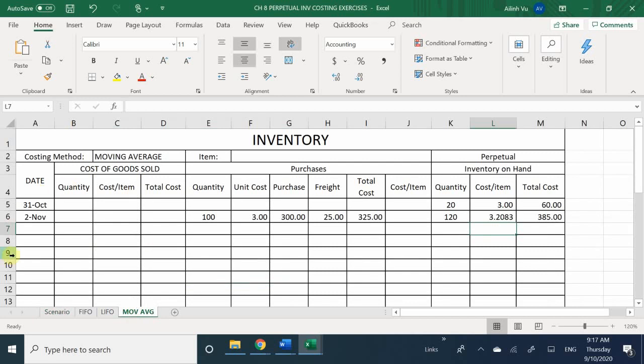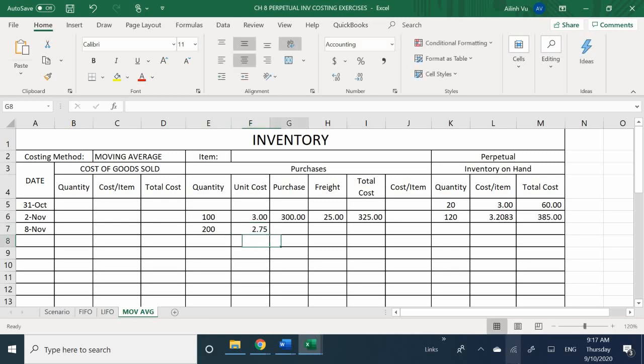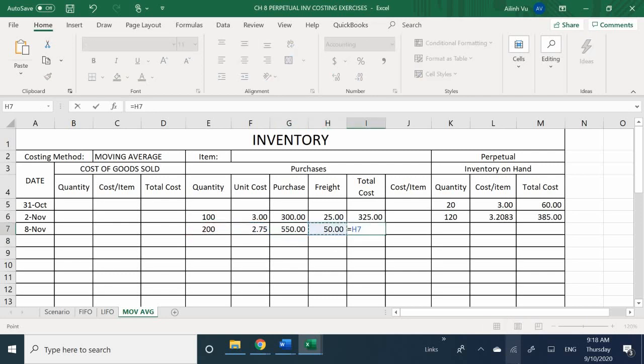Right, November 8th. Okay. 200 at 275 and freight was 50. So what's my calculation here? And then total is $600. Good.